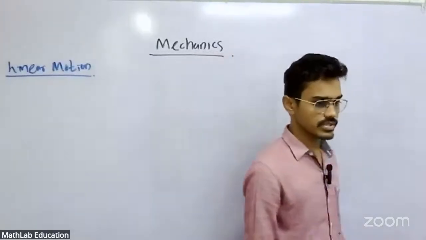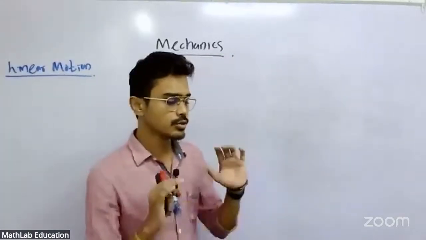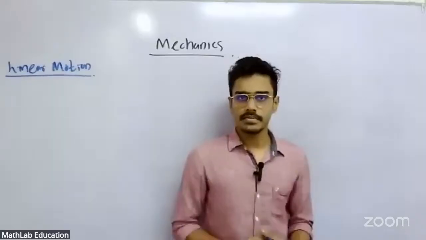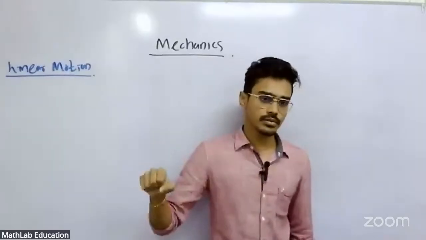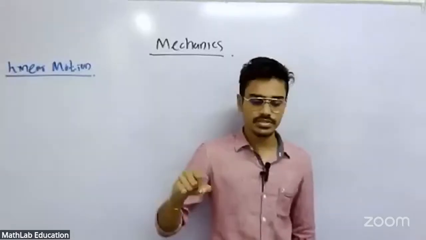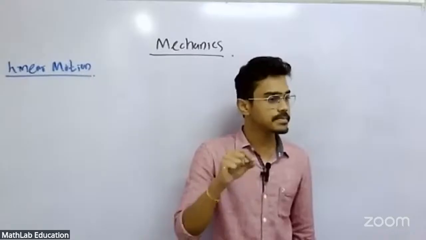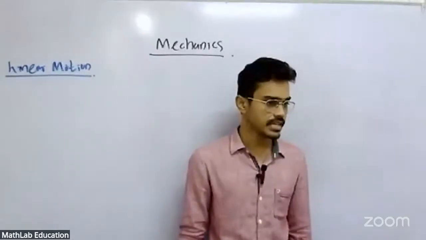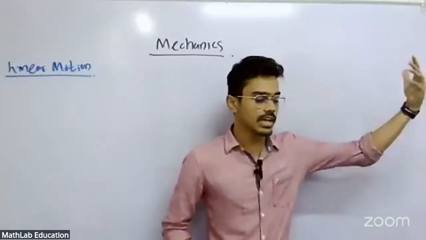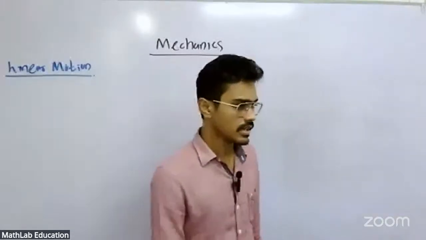For you to get some idea, we have 6 types of motions altogether in our syllabus, and linear motion is the very first and the simplest type we are studying. Just know that there are 5 more types coming up.